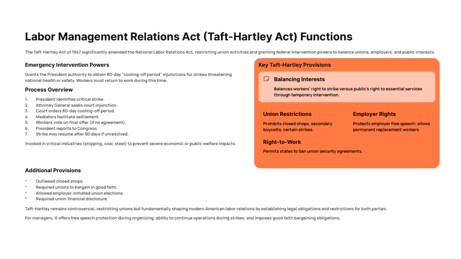The process involves identifying a critical strike, seeking a court injunction through the Attorney General, and ordering an 80-day cooling-off period. During this time, mediators work to facilitate a settlement, and workers may vote on the final offer if no agreement is reached. The president then reports to Congress, and if unresolved, the strike can resume after 80 days.